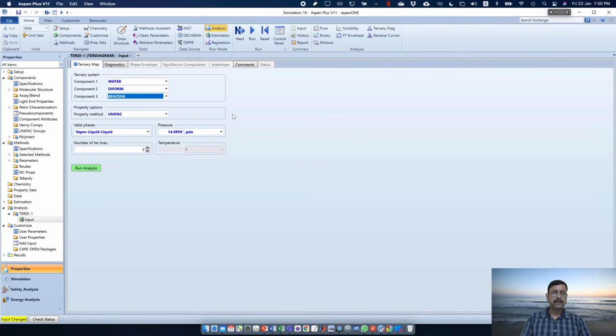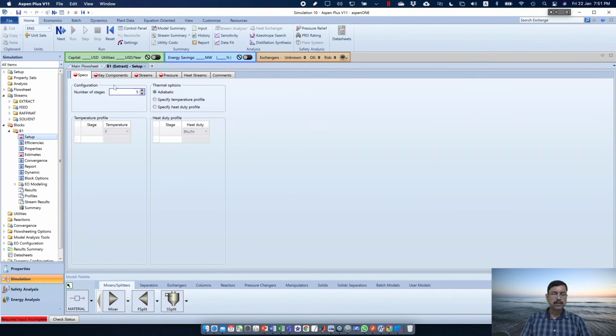Run the analysis. Yes. So we have the ternary diagram for water, dimethyl formamide and benzene, and by watching this ternary diagram, we can be sure that the extraction can take place.